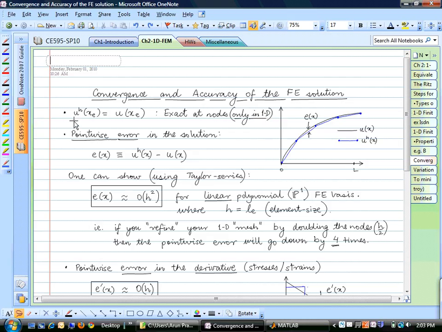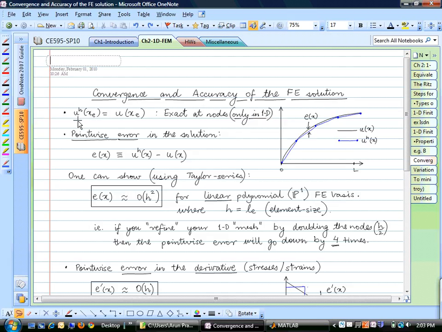So one thing to note here, I've already mentioned this, is that this was the example that we coded up with 4 finite elements. This black curve was the exact solution, denoted u(x), and the blue curve with the dots is the discretized finite element solution. This is an approximation.